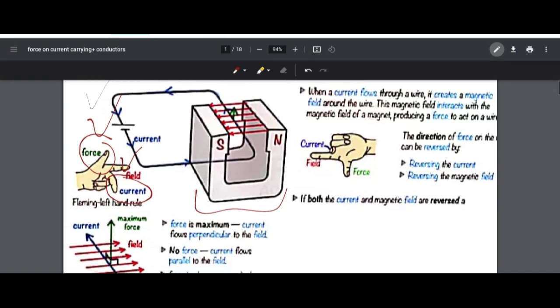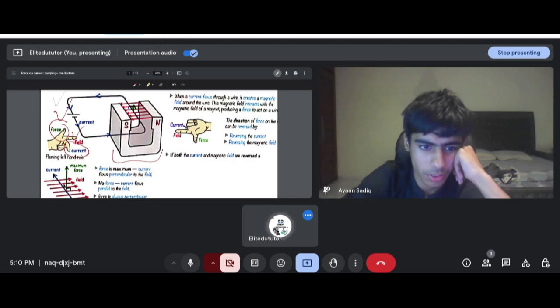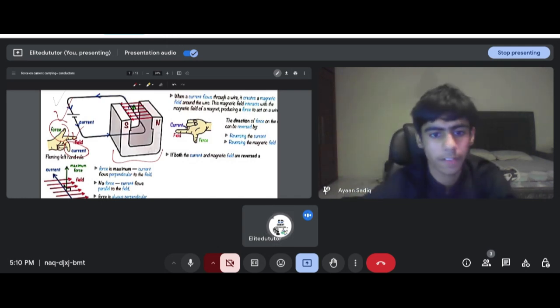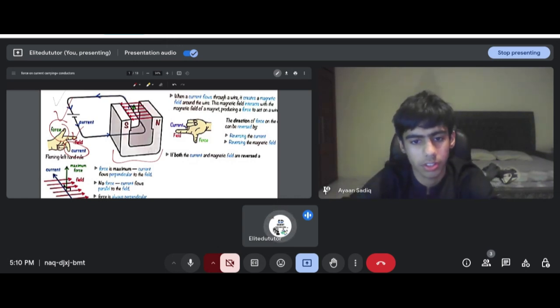The three fingers are perpendicular to each other, and the force is maximum when the current flows perpendicular to the field. Make the Fleming left hand rule with your hand, and you will see that the thumb, the index finger and the middle finger are all perpendicular to each other. That perpendicular shows the angle is 90 degrees. So whenever the angle is 90 degrees, the force is maximum.